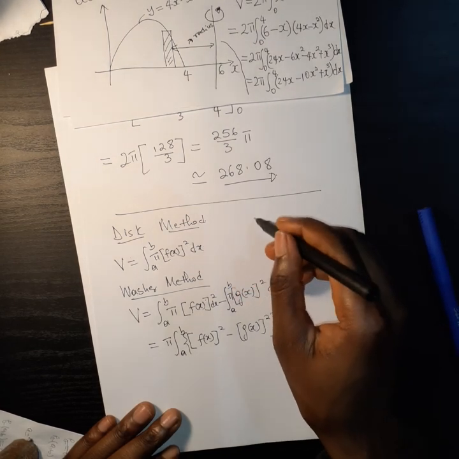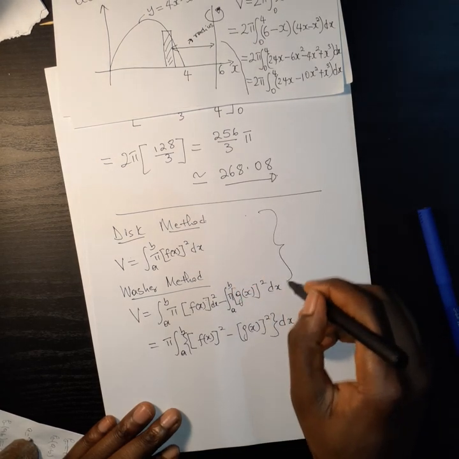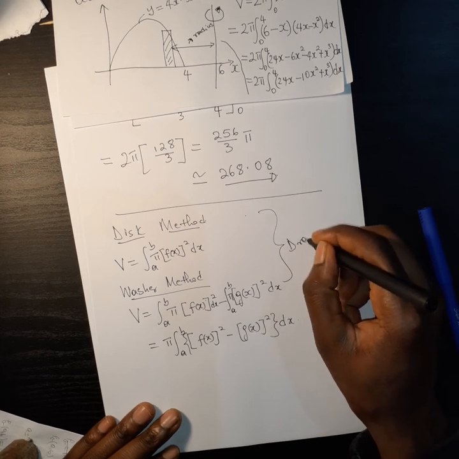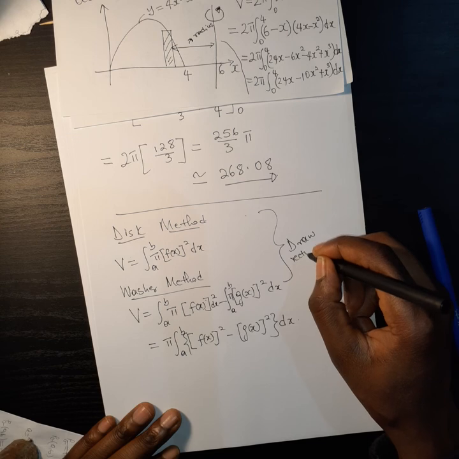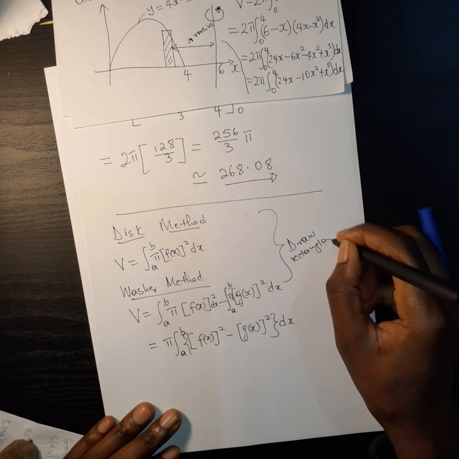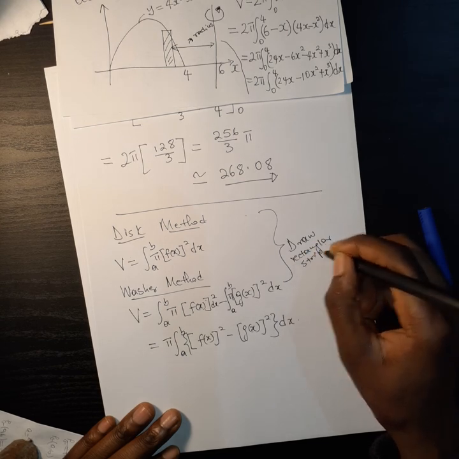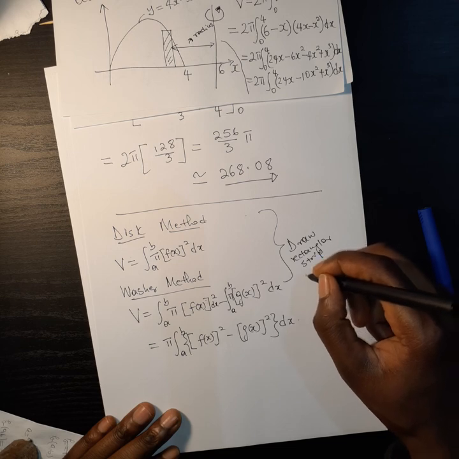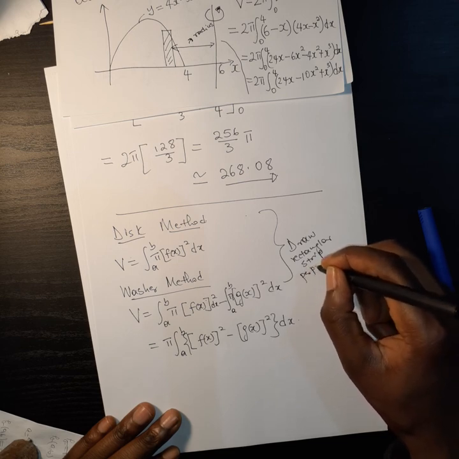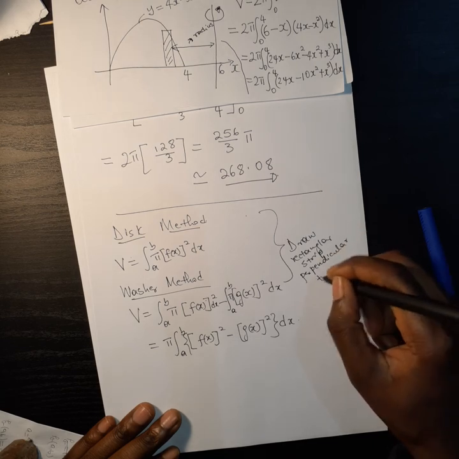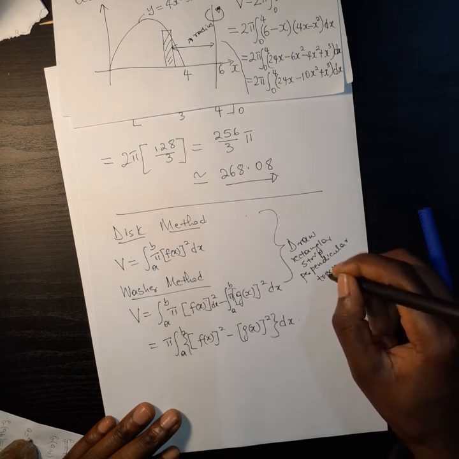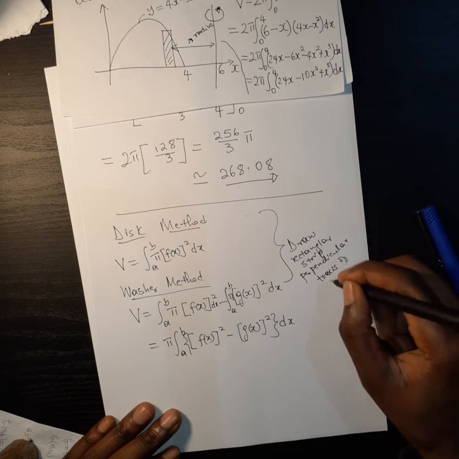These two methods, you draw a rectangular strip perpendicular to axis of rotation.